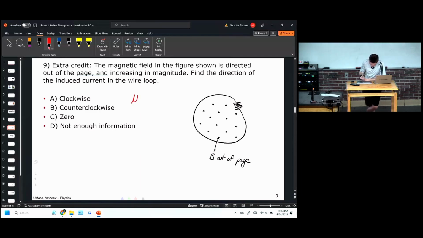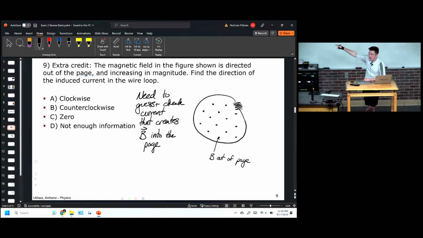Okay, so we need to get a current that produces an into the page magnetic field. So we need to, I'll do it in black, guess and check a current through the wire that recreates a B going into the page at any observation point inside of the circuit.